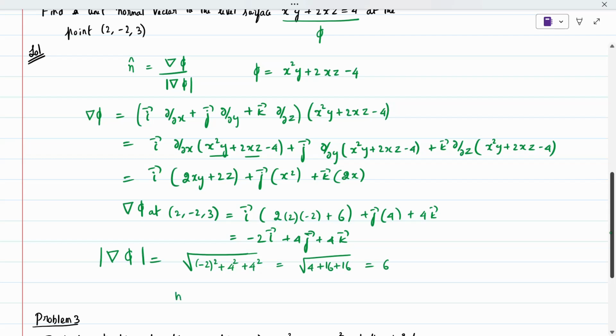Now finally write n cap, del phi by magnitude of del phi: minus 2 i vector plus 4 j vector plus 4 k vector divided by 6. Simplify this, take 2 commonly out and cancel it. So it's nothing but minus i vector plus 2j vector plus 2k vector divided by 3, my final answer.